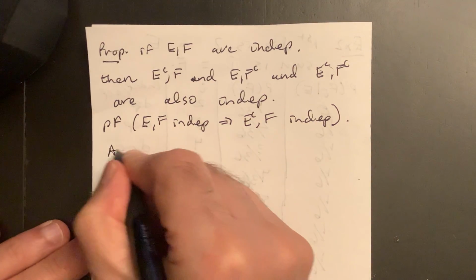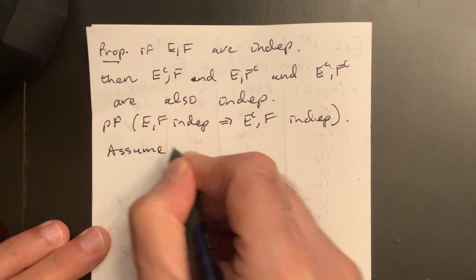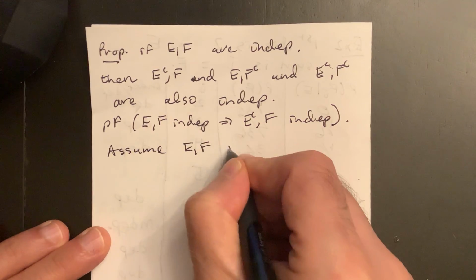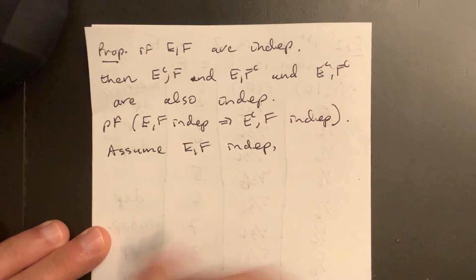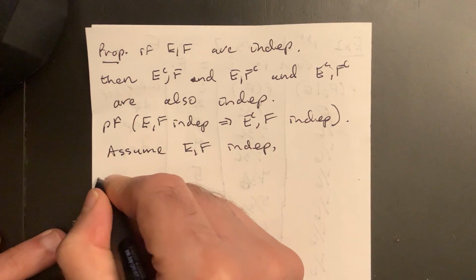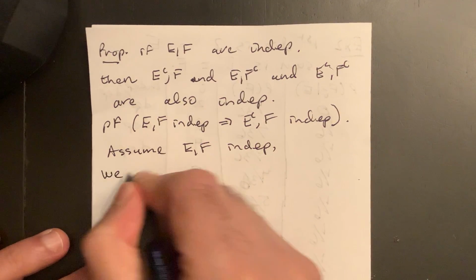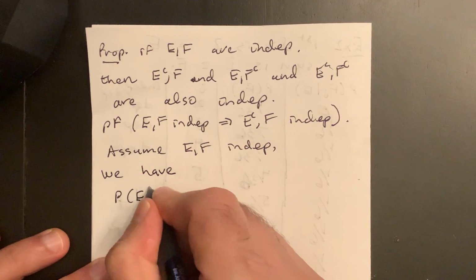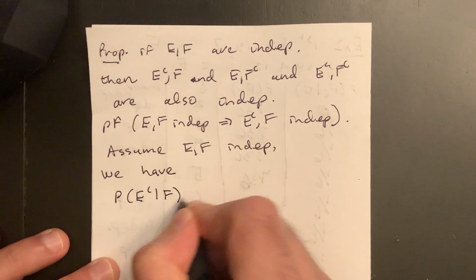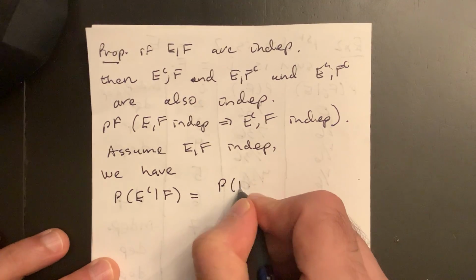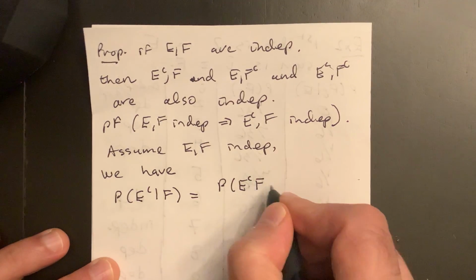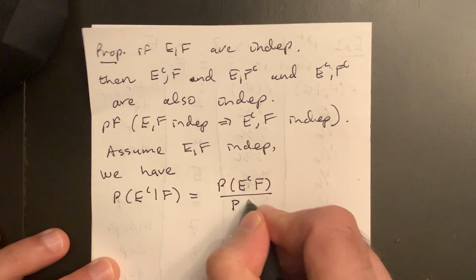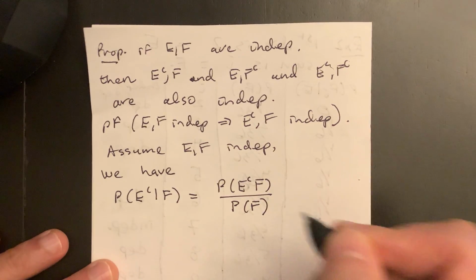So assume E, F independent. So we can use that, right? Then we have P(E^C given F), using the definition, P(E^C F).